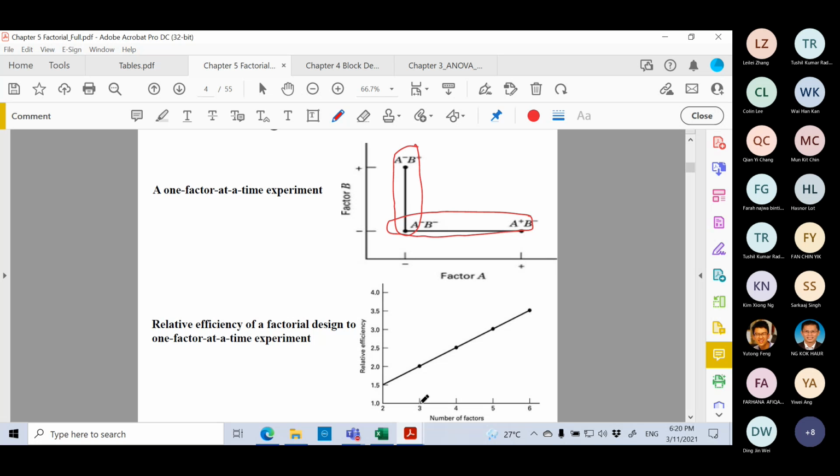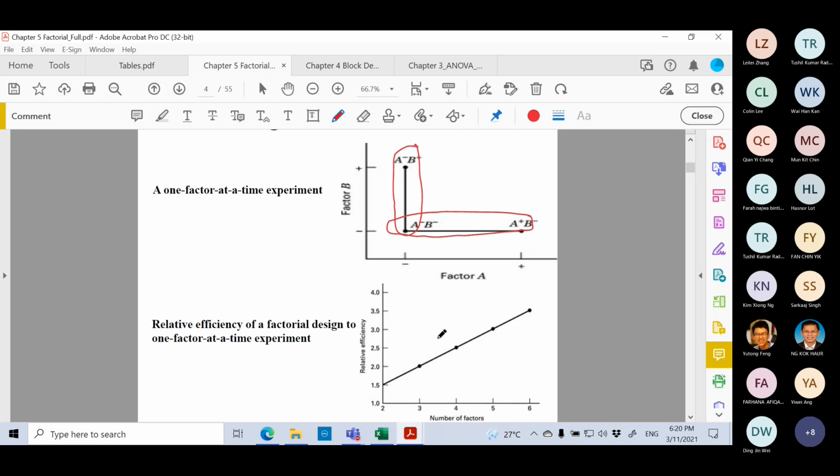Okay, then for the three factor case, it is 2 times more efficient than that. Okay, so how do they measure the relative efficiency, we need to look at whether they're comparing the variance or other criteria. There is a criteria to do the comparison.